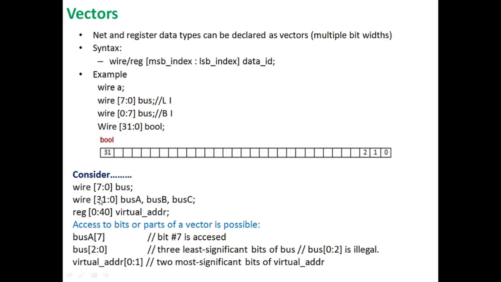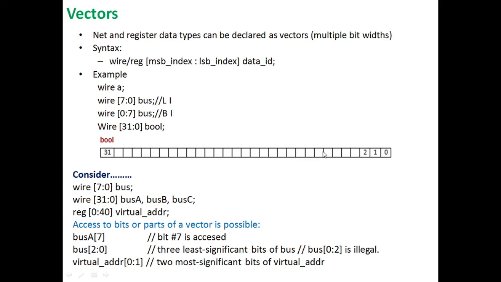For example, bus A, 31 down to 0. I am accessing only the 7th element. Bus A has how much bit width? 32 bits. So 0, 1, 2, 3, 4, 5, 6, 7. This is the element I am going to access.